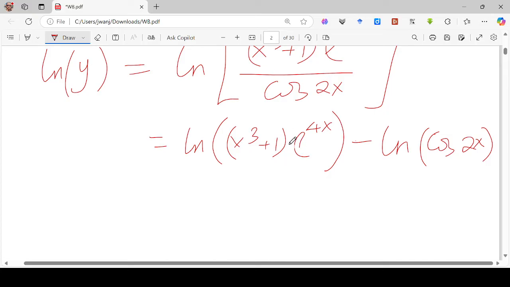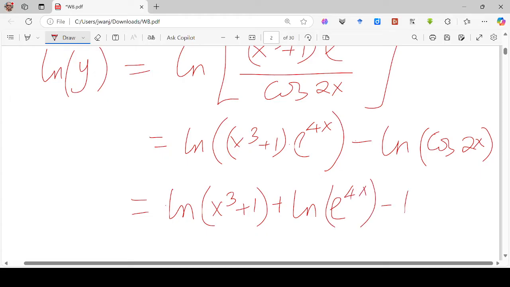Because this is a product, we can write it as the logarithm of the first function plus the logarithm of the second function, by using the second law. So we write the logarithm of x cubed plus 1 plus the logarithm of e raised to power 4x minus the logarithm of cosine of 2x.